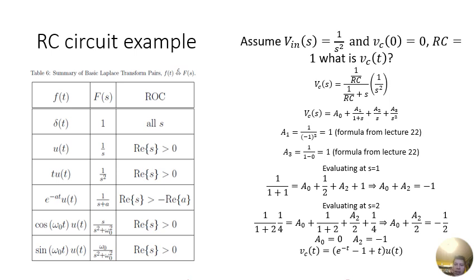And here's kind of the same solution I got in the previous slide. So remember, we use our formula from the inverse Laplace lecture. These don't quite map, this is actually the book lecture 22, not my lecture 22.